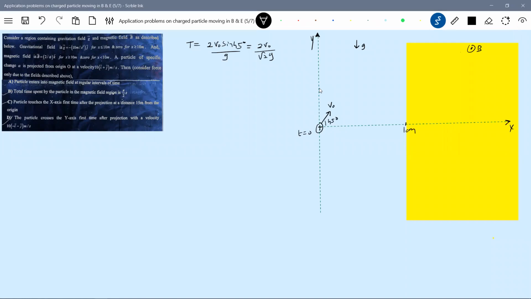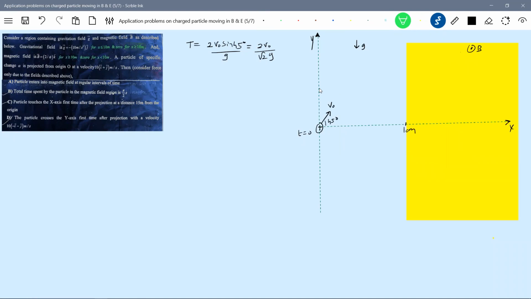Okay, I'll remove this. There's no gravity for x greater than 10. Okay, I'll indicate here. Now, let me highlight it so that it'll be very easy for me to read.